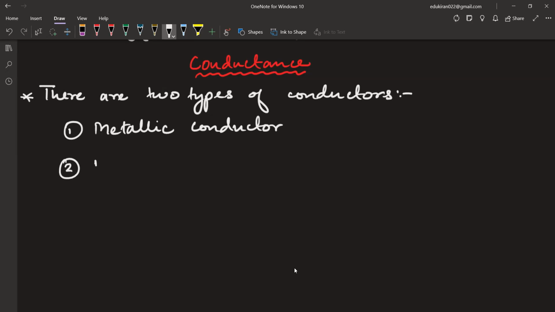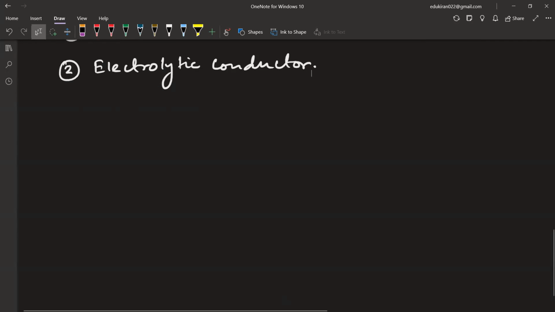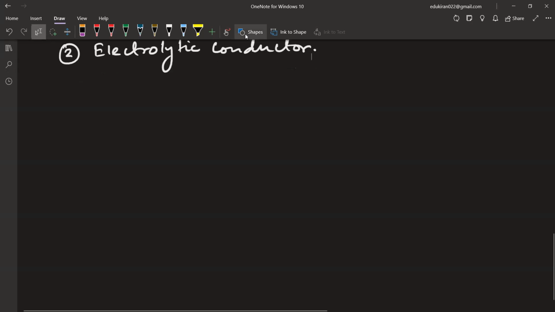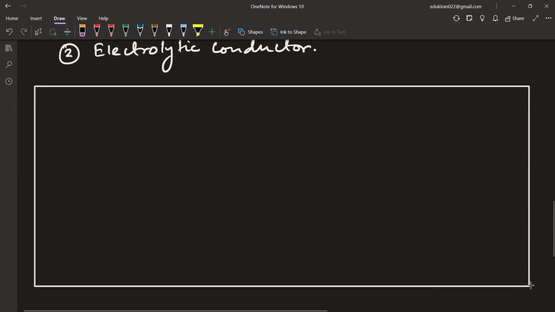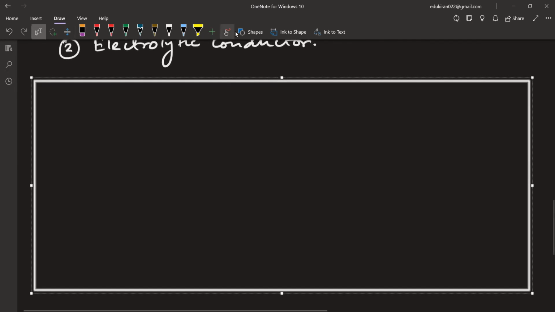The second one is the electrolytic conductor. Metallic conductor and electrolytic conductor. Now make a box like this. And in this we will be writing about both of these conductors.